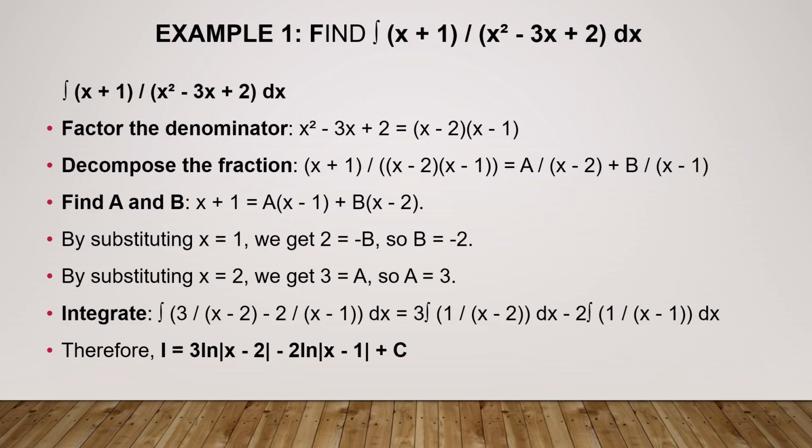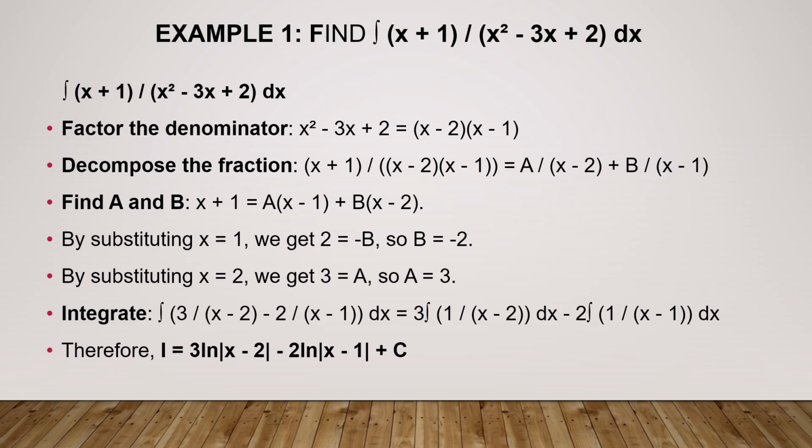Basically, what is your integrand? x plus 1 upon (x minus 2)(x minus 1). So you can write this as a upon x minus 2 plus b upon x minus 1. Now our aim is to find a and b.